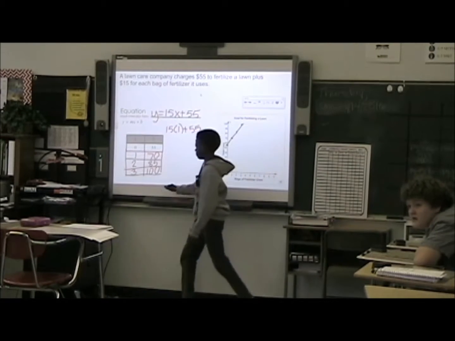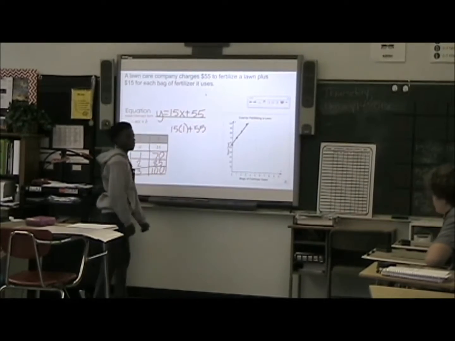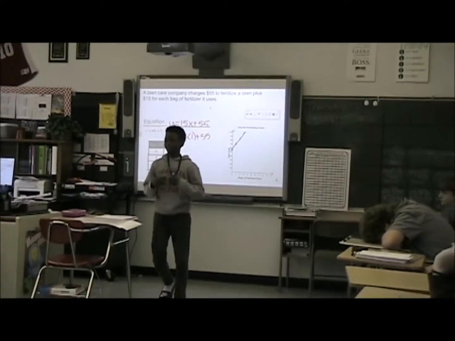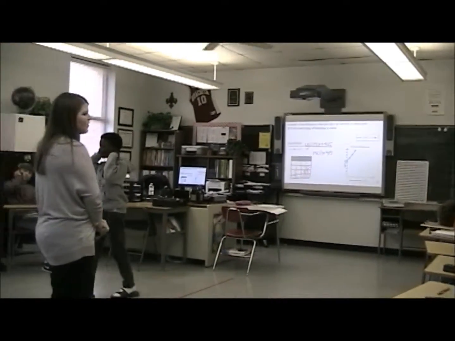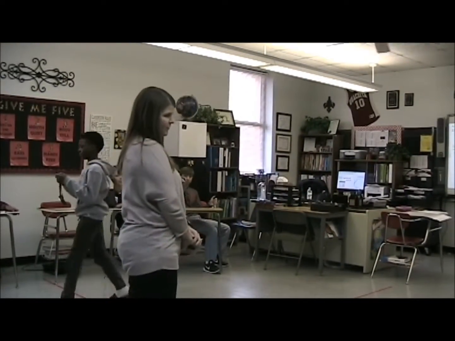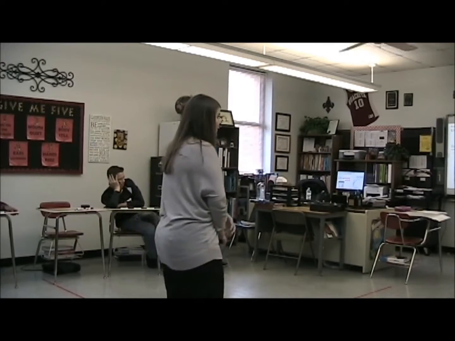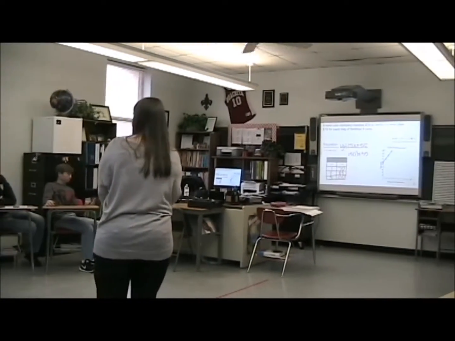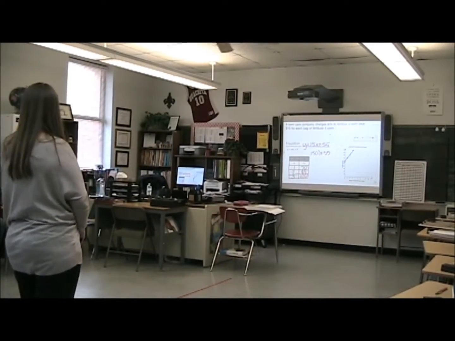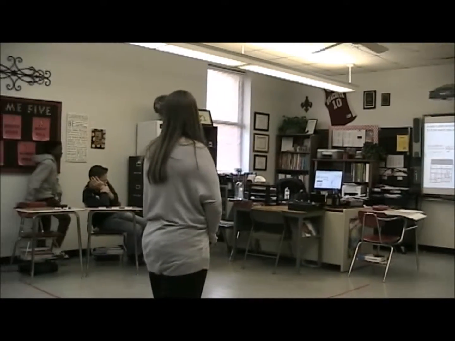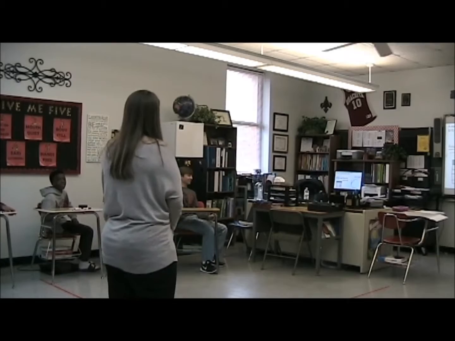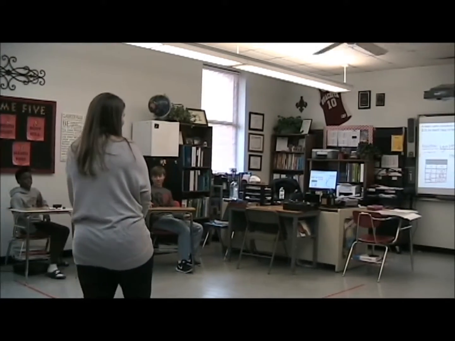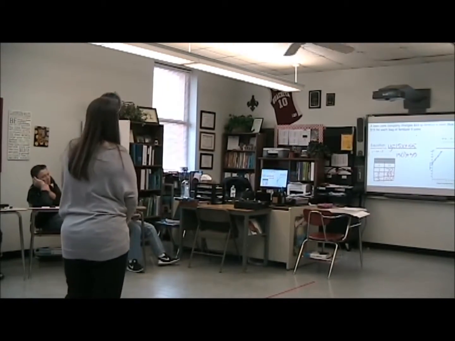Good, and he connected the values to show that it's going to keep going. All right, now I could ask you questions regarding this graph. My first question could be, is this graph proportional? No. How do you know, Zach Crane? It does not go through the origin. Good.